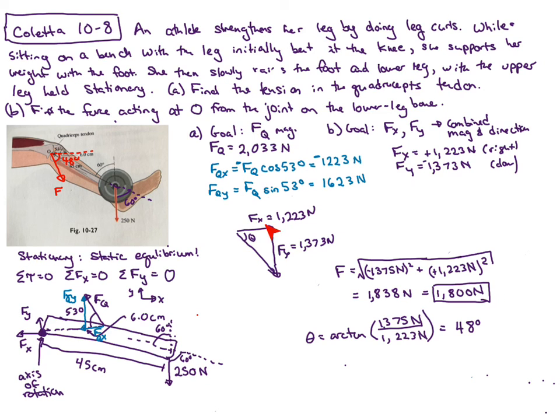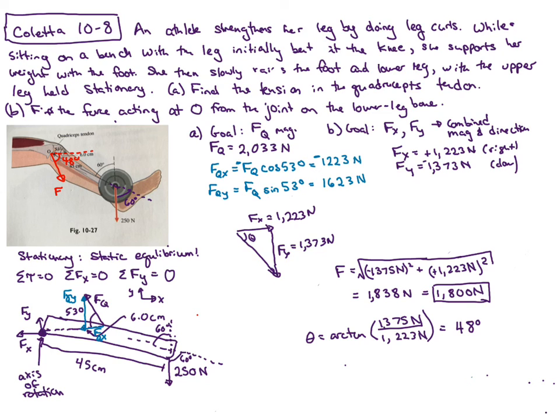Then the tangent of theta is y over x, so theta is the angle whose tangent is 1,375 newtons over 1,223 newtons, or 48 degrees. To answer the question, I could have written 1,800 newtons at 48 degrees below the horizontal, or I could have boxed this answer and just drawn it here on the picture.